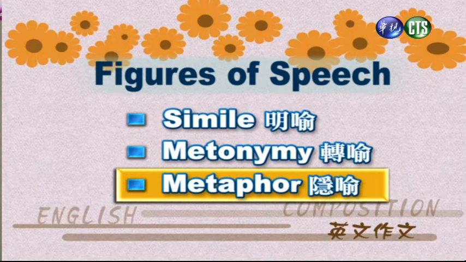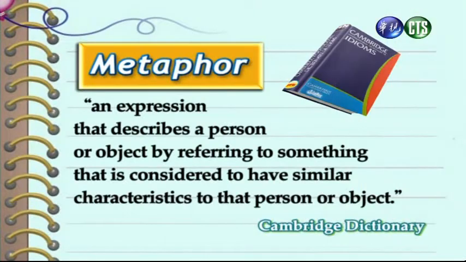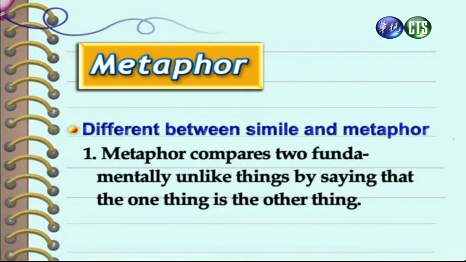好,我们接下来为各位同学再继续讲解修辞的技巧。现在我们要讲的是隐喻这个技巧。All right, so now a metaphor is an expression that describes a person or object by referring to something that's considered to have similar characteristics to that person or object. 好,隐喻的定义,就是指将人或物描绘成另一个具有相似特征的事或物。Right, so the metaphor is similar to a simile, but it's different.